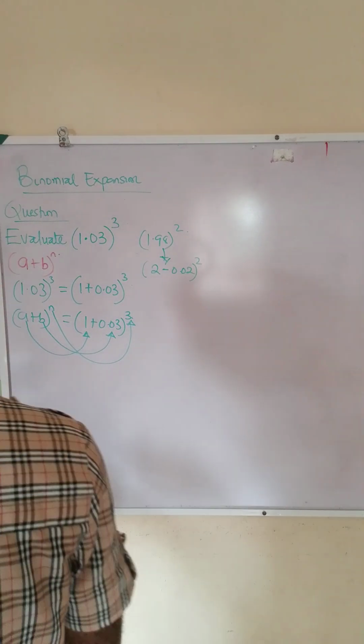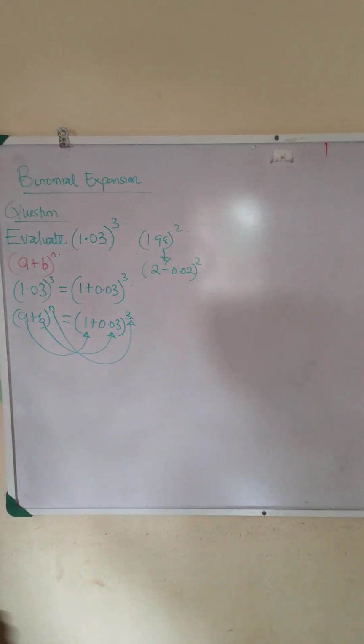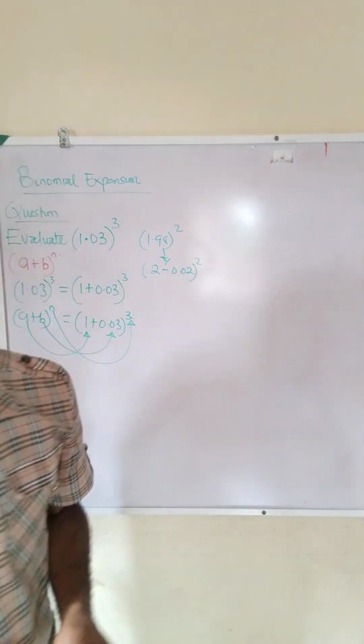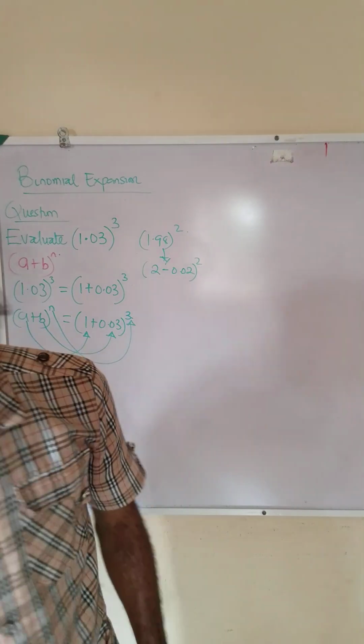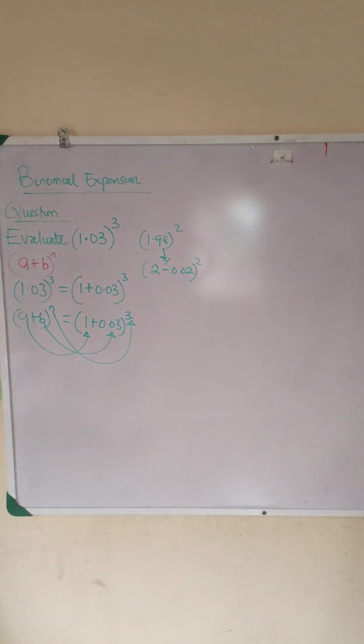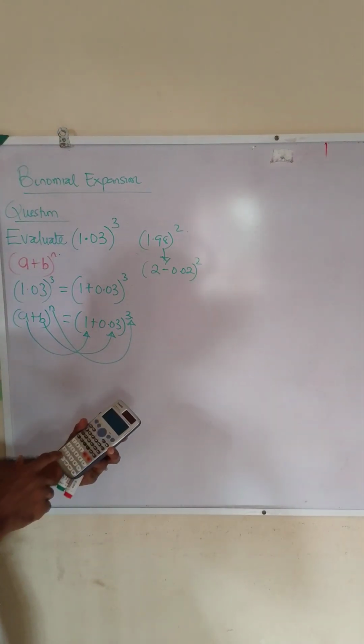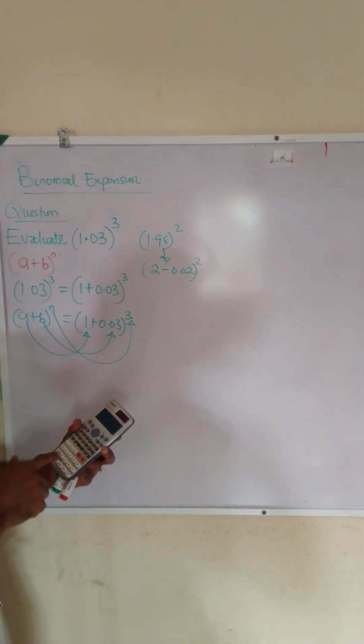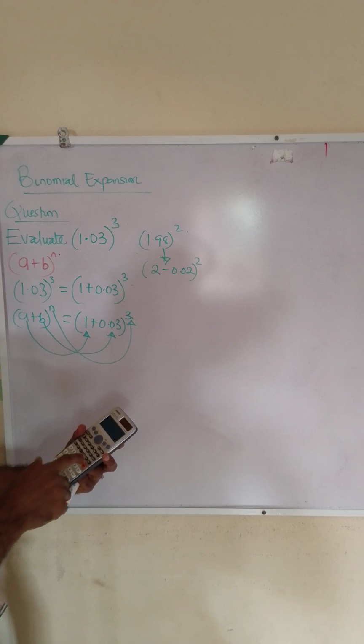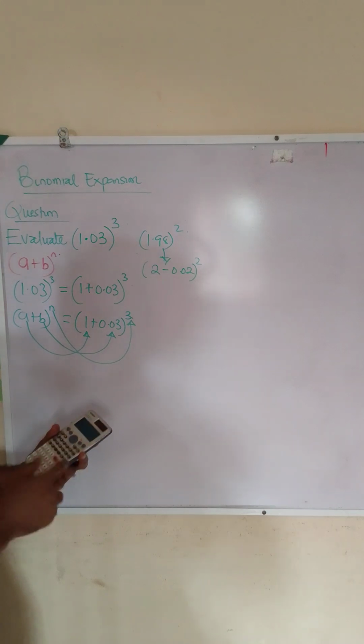If you use your calculator to punch 2 minus 0.02, it will give you 1.98. So that means you've converted it to this form, and then you can solve. Let's check 2 minus 0.02. That gives you 1.98, which is correct.